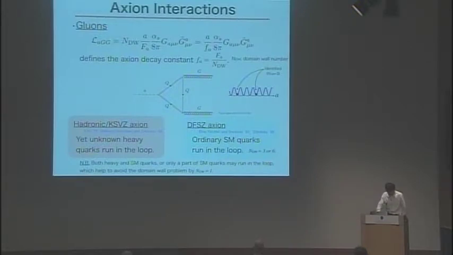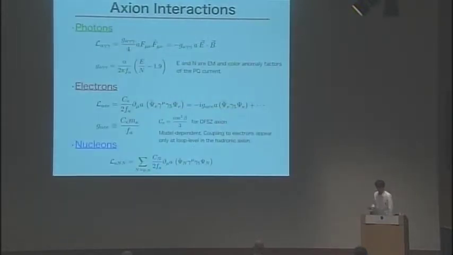And similarly, axions are also coupled to photons. It is customary to parameterize the coupling of the axion to photons in terms of g_{aγγ} shown here, which is inversely proportional to Fa. In contrast to the coupling to gluons, this coupling to photons does not generate the axion mass unless there are magnetic monopoles.